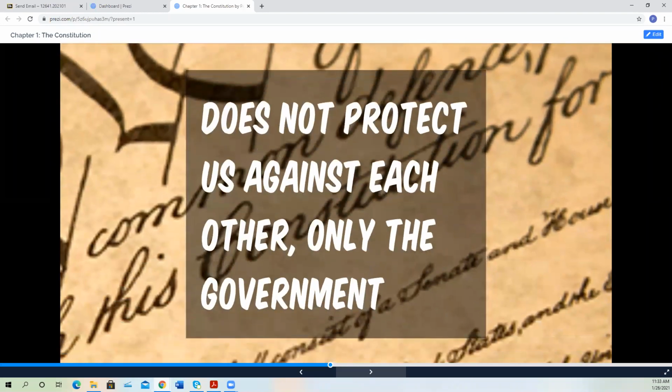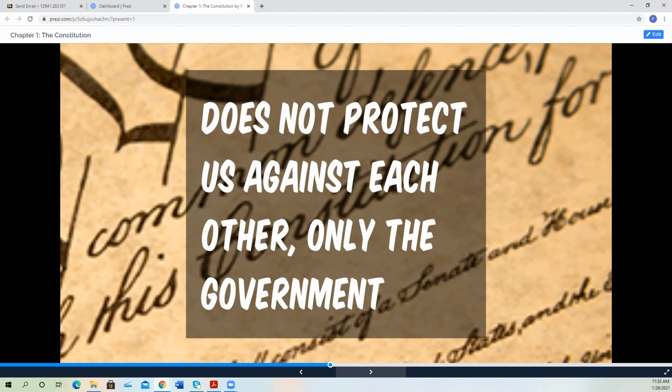This is an important point and something you will be tested on: the Bill of Rights do not protect us against each other. They only protect us from the government. So a person, a citizen, cannot violate your freedom of speech. That's just impossible. They cannot violate your First Amendment right of speech.